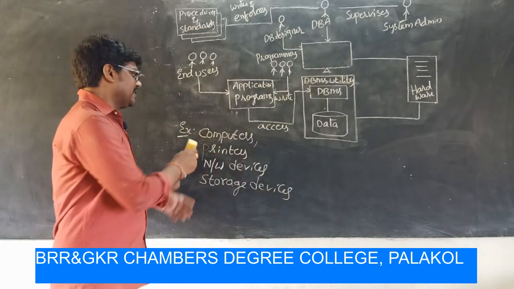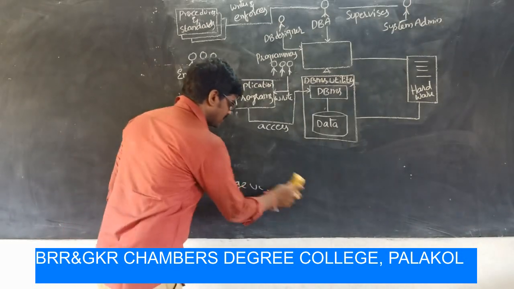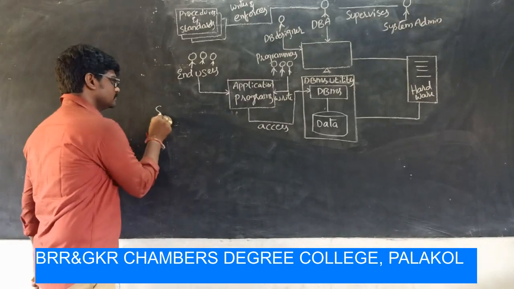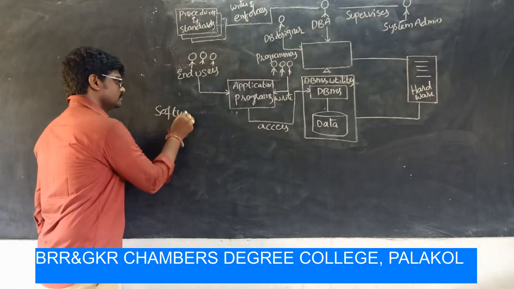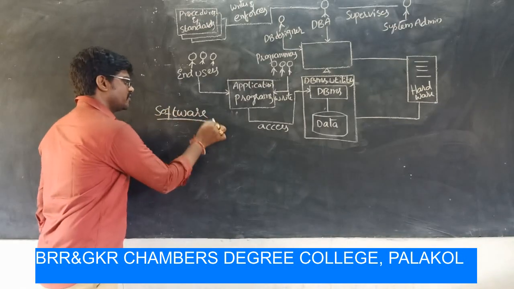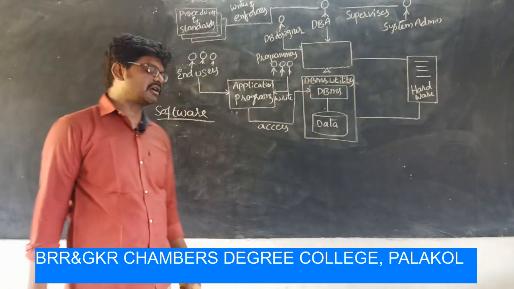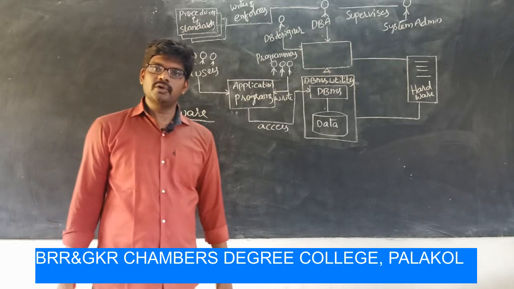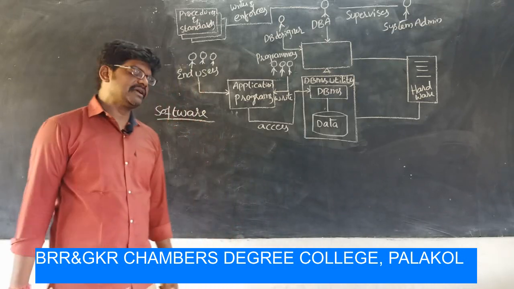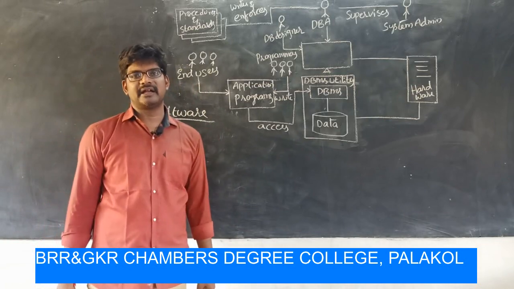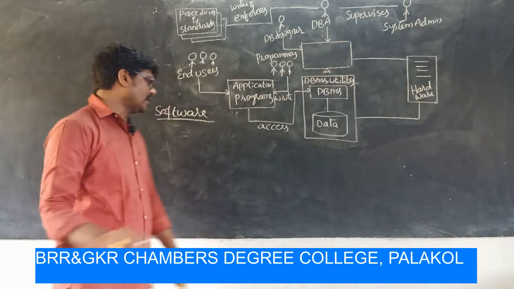Okay, and next one is software. What is meant by software? The set of programs are called the software. So to design a database, 3 different types of softwares are needed in the database environment. What are they?